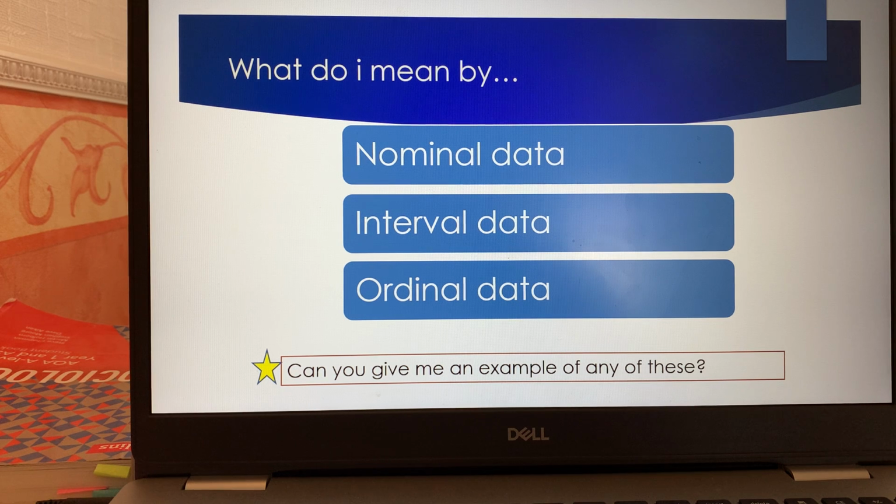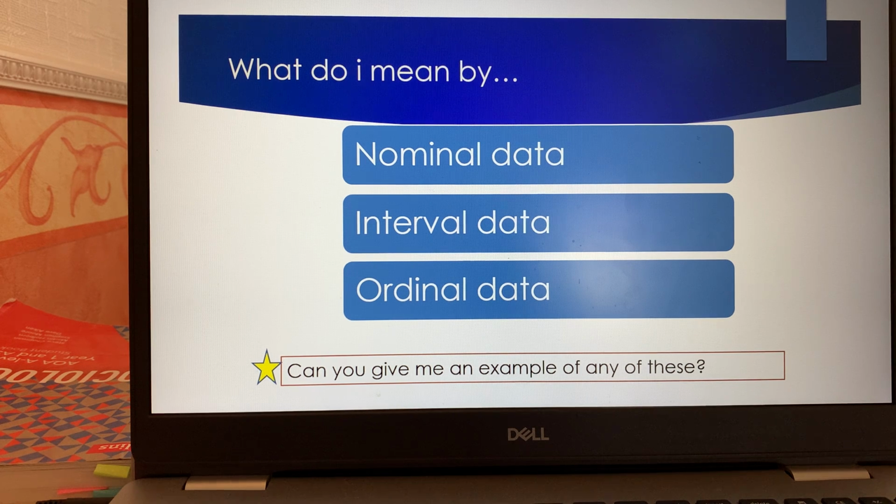So when I say nominal data, I literally mean categorical data: anything that can be put into a category. So something like age or gender, you cannot be 16 and 17. You're either one or the other. So that's nominal data.